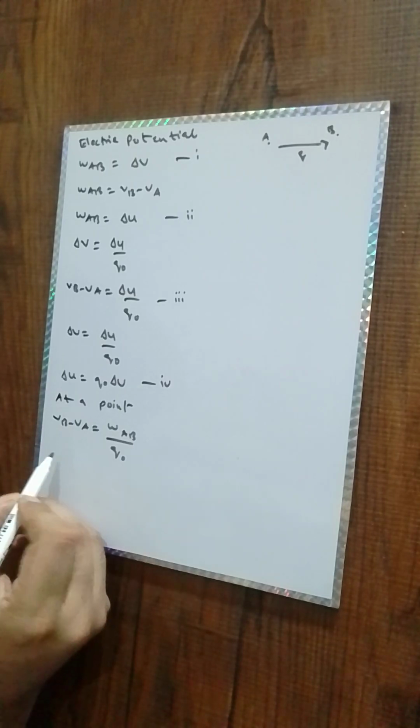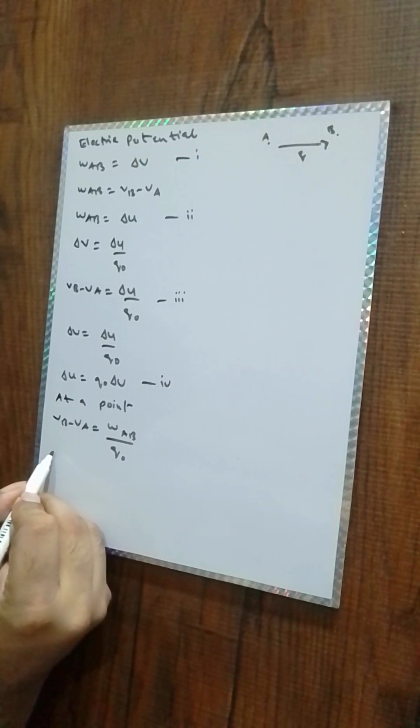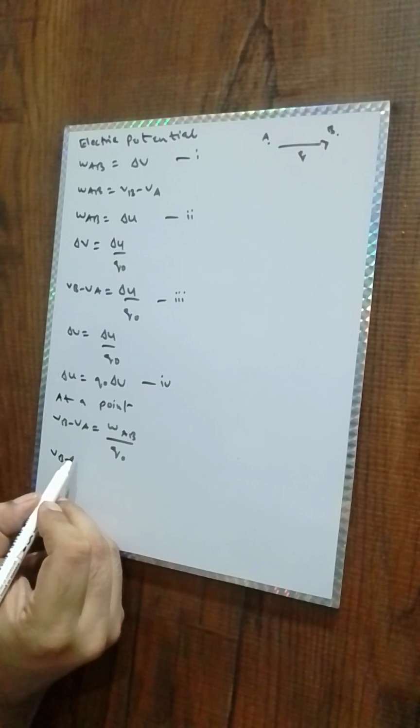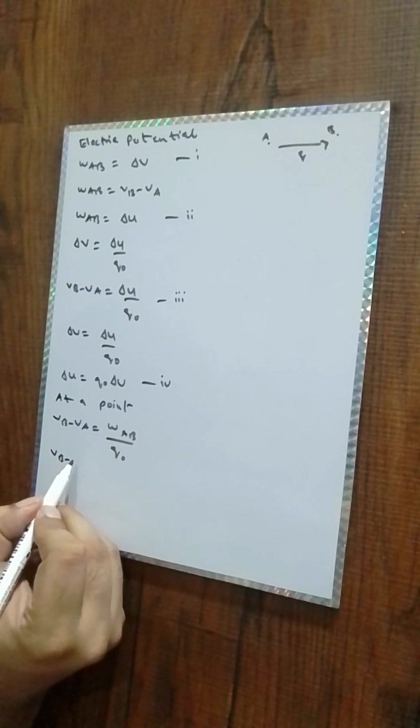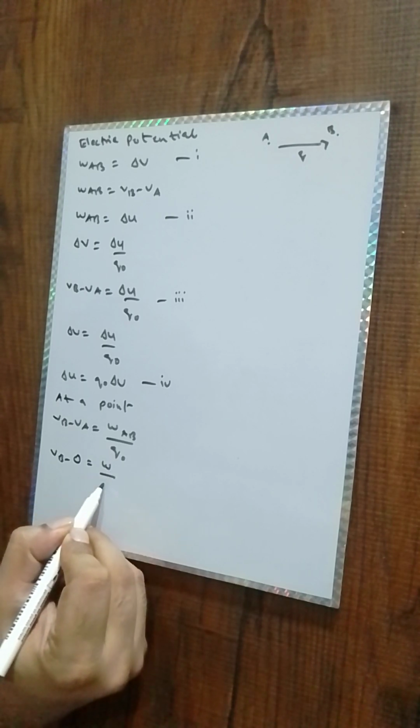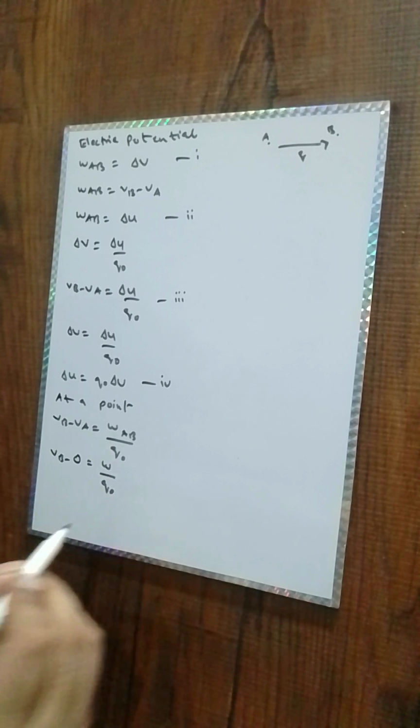So basically point A has null charge, no potential. VB minus 0 is equal to work done by Q naught.